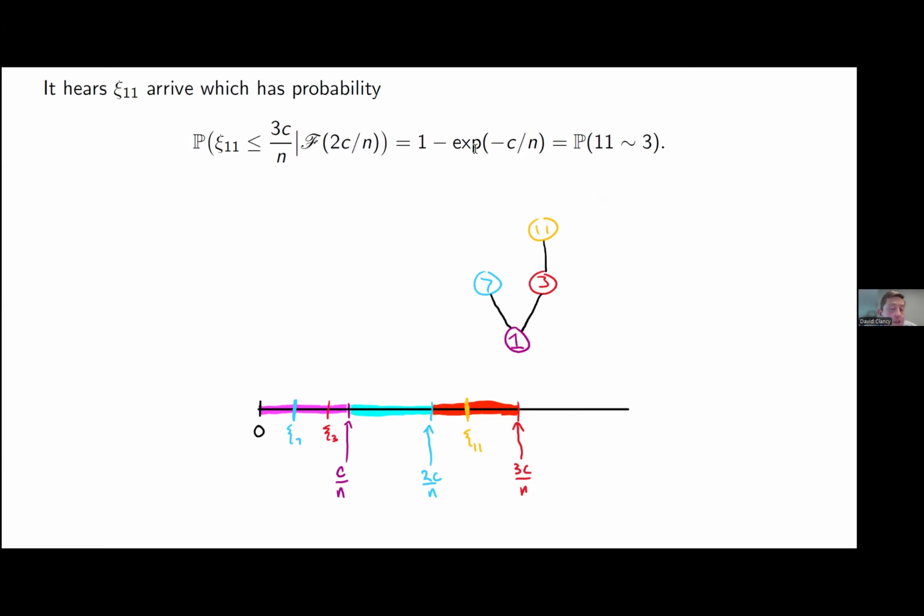And that's simply because of the memoryless property of exponentials. By time 2c over n, we know whether or not vertex 11 has arrived. And if it hasn't, then the probability that it arrives in the next window of duration c over n is just 1 minus e to the minus c over n, which is precisely the probability that an edge appears.